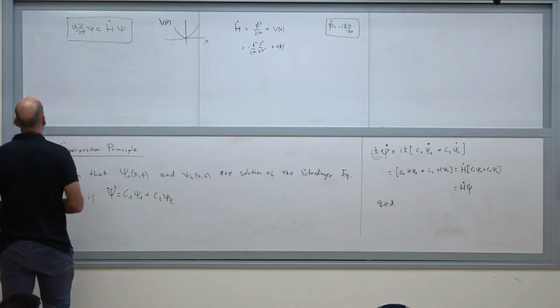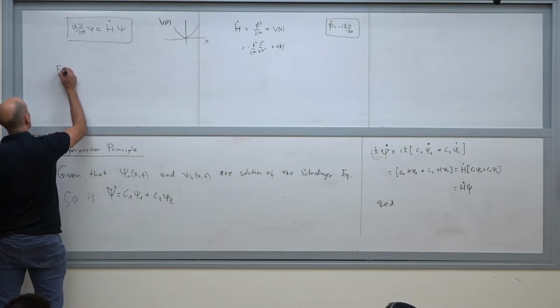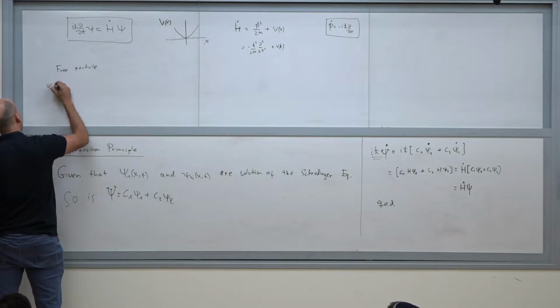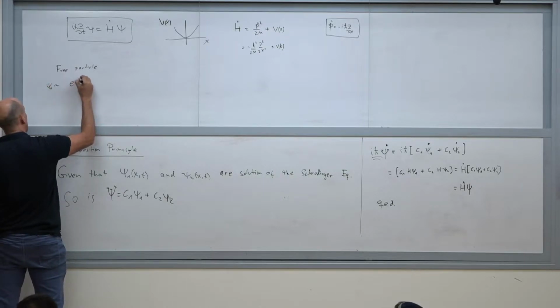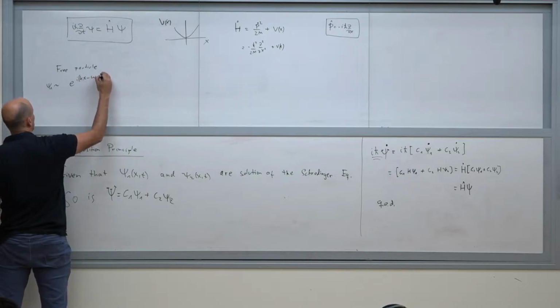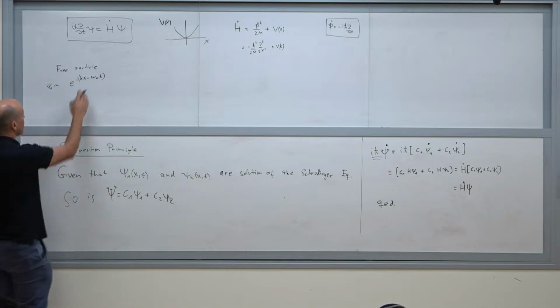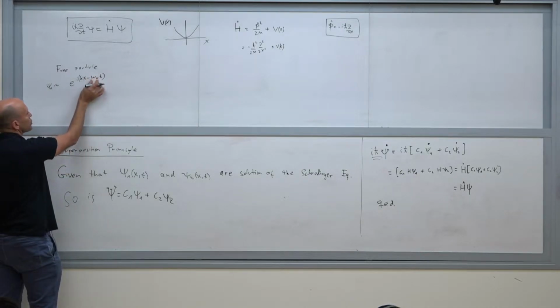So we saw, for example, for a free particle, psi1 was e to the i(kx minus omega_k t). That is a solution of the Schrodinger equation, where omega_k is the dispersion relation specific for a free particle.